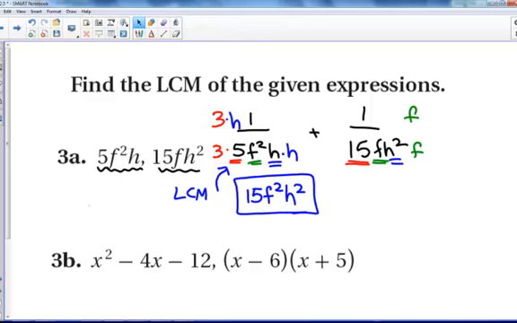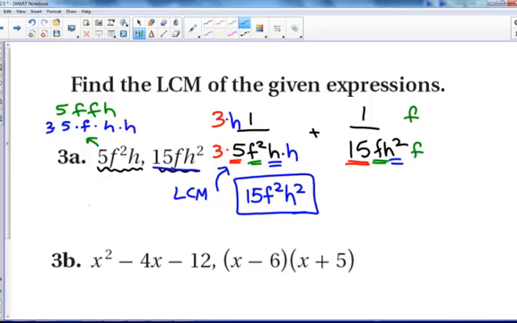Now, a different way to do that is to write your factor tree for each of them. So this would be 5, 2 f's and an h. And the factor tree for 15 would be 3 times 5 times 1 f and 2 h's. So you circle everything they have in common. So the greatest common factor is 5fh.